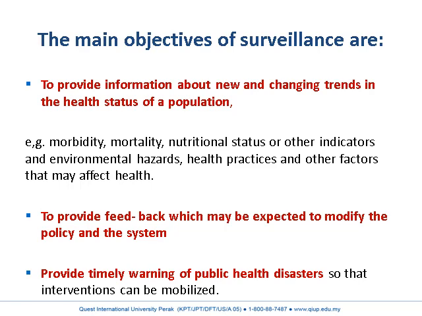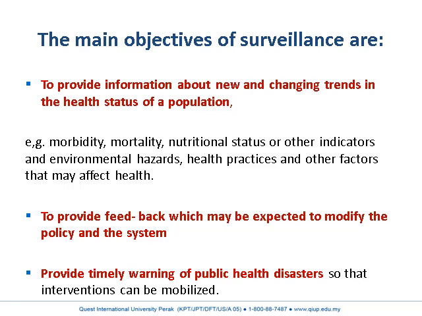Then to provide feedback, which may be expected to modify the health policy and the system. So surveillance can give feedback so that the system and policy can be improved and modified.